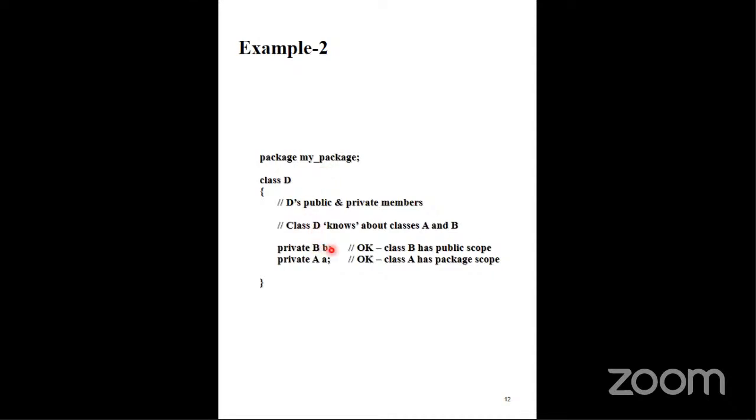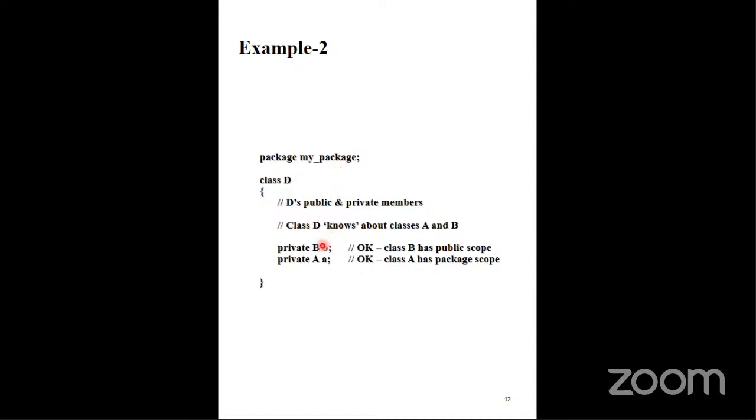Now here, can I access class A and class B? Yes, you can, because D is in which package? D is in my package. What is the access specifier of class A? Default. It means that A is accessible to all the classes in my package, so it is accessible to class D also, because class A and class D both belong to my package.